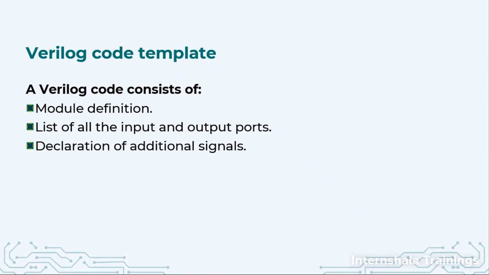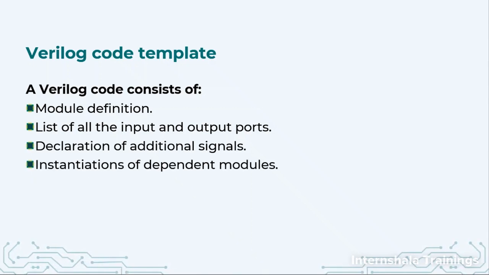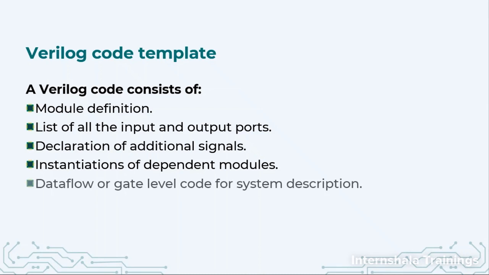Then declaration of additional signals. If we want to call some smaller circuits, some smaller modules, that technique is called module instantiation. We'll discuss that as well. And then we describe the system using different Verilog coding styles.